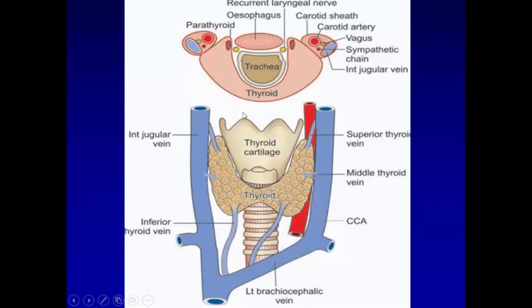You can see the thyroid gland, cross section of thyroid gland, and this is the carotid sheath, and this trachea, esophagus, recurrent laryngeal nerve, and here we can see one parathyroid gland here and one parathyroid gland here. It is directly related to the thyroid gland.